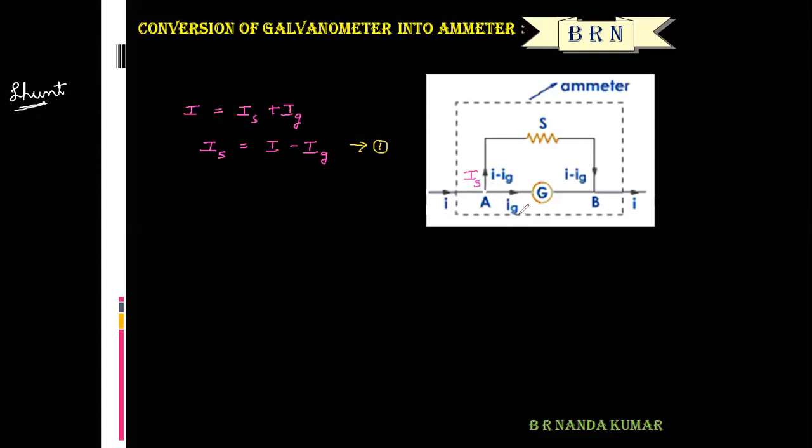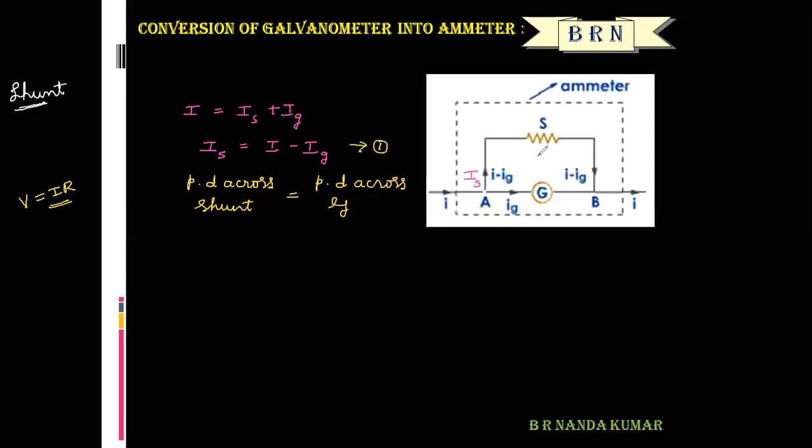Here the shunt and galvanometer are both connected in parallel. So the potential difference across the shunt is equal to the potential difference across the galvanometer. According to Ohm's law, V is equal to the product of current and resistance.